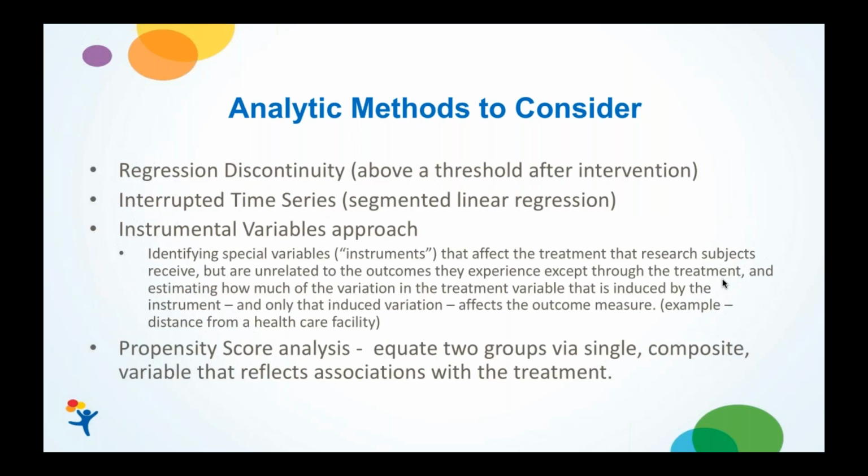So these are several methods. This is where I hope nobody asks me any questions, because I don't know a whole lot about any of these. They make sense to me, but I couldn't explain them beyond my very top level understanding. The first one is regression discontinuity. This is basically where you believe that you're going to reach a certain threshold after an intervention.